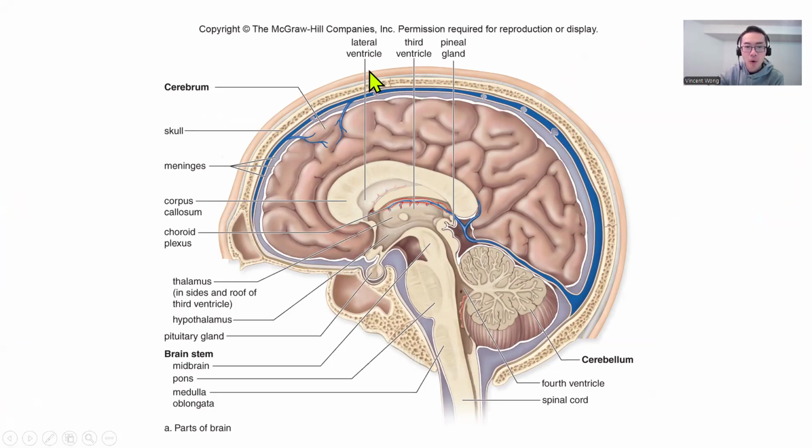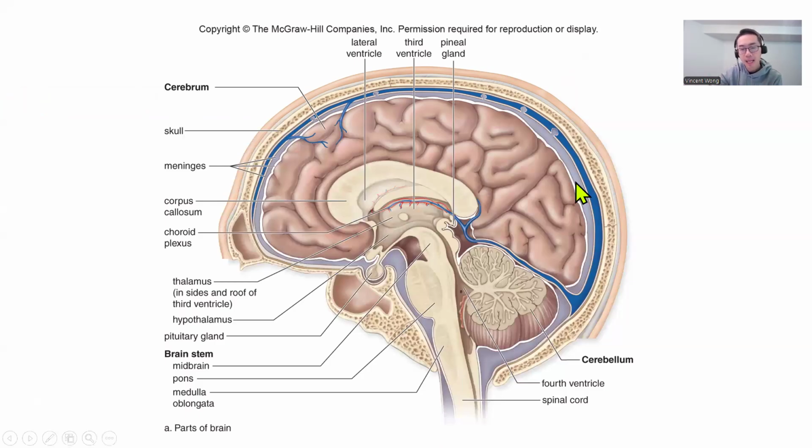You can see the skull here, and underneath the skull, you can see the meninges. There are three layers of the meninges. The white layer right here, that's touching the brain, that would be the pia mater. And then this grayish area, that's where the subarachnoid space will be, along with the arachnoid mater.